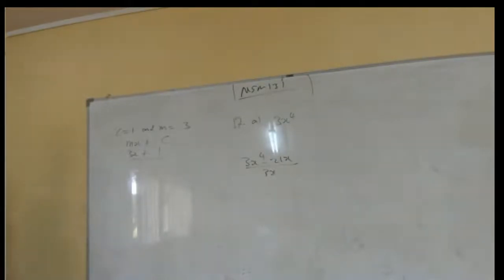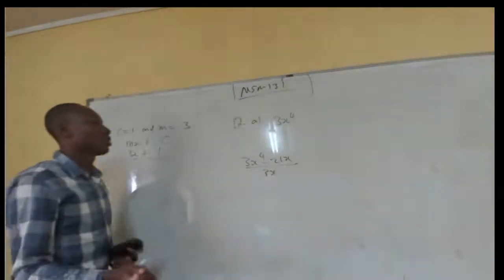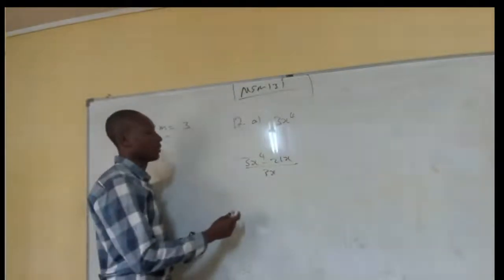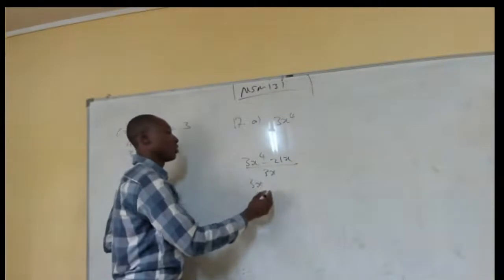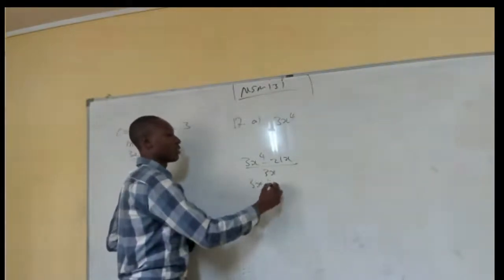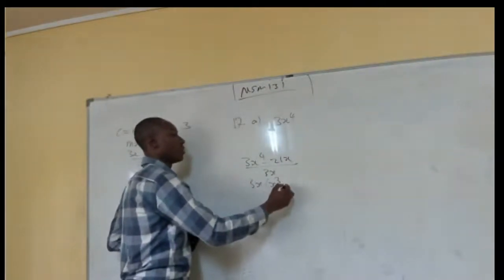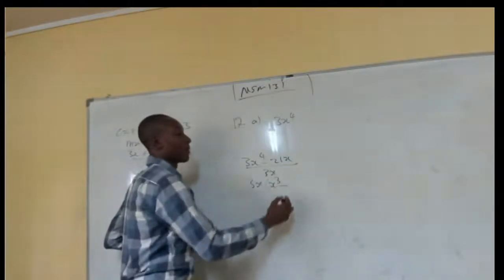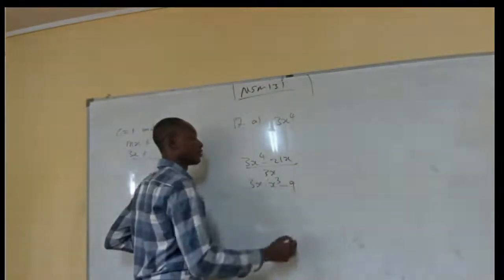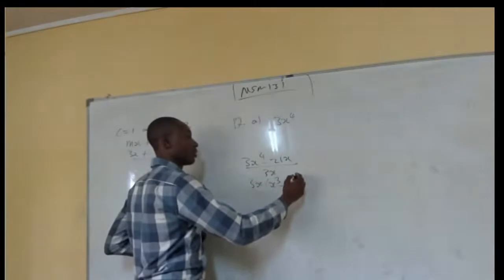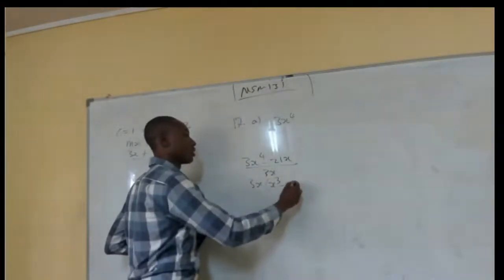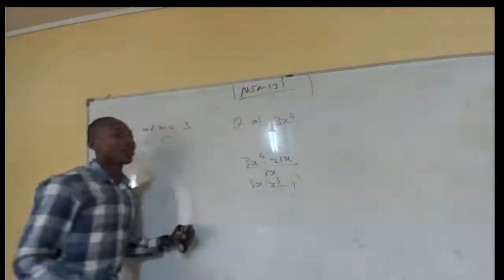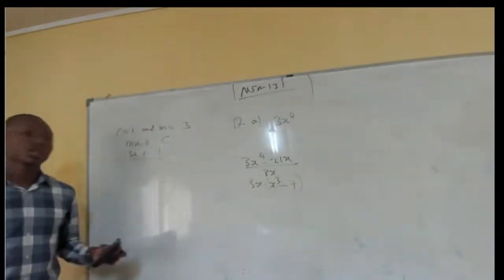Okay. So simplifying this, all we are going to do is factor out what is common. So 3x is common, what remains we have x to the power 3 minus 7, because we know that 7 times 3 is 21.